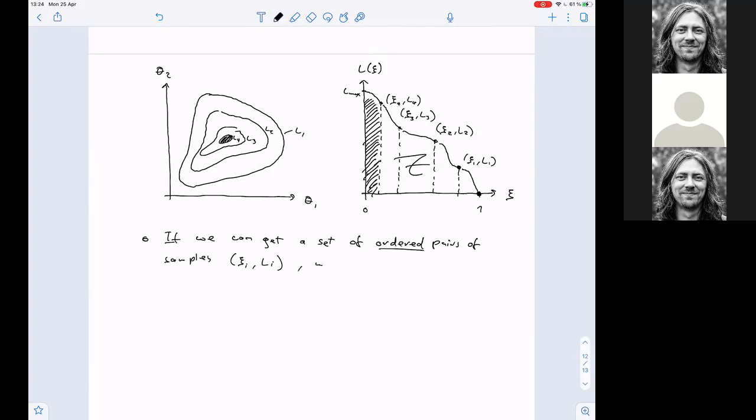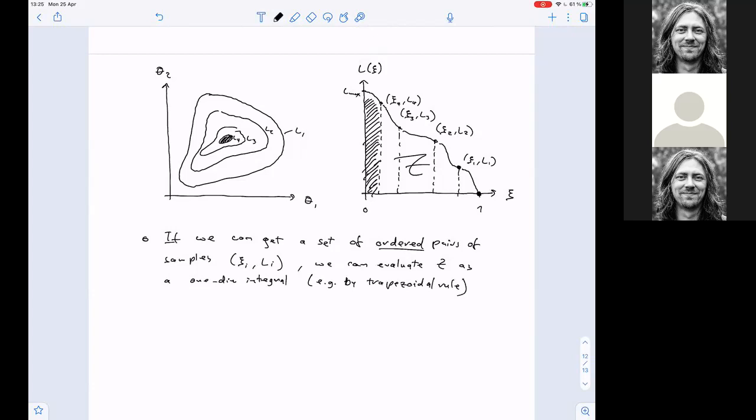If we can get this, we can evaluate Z as a one-dimensional integral.